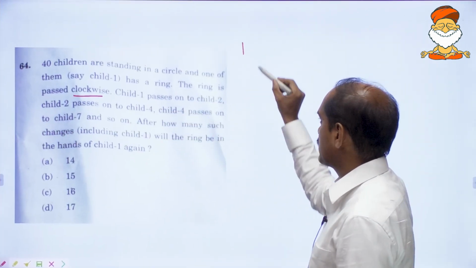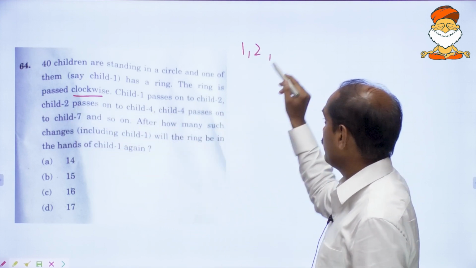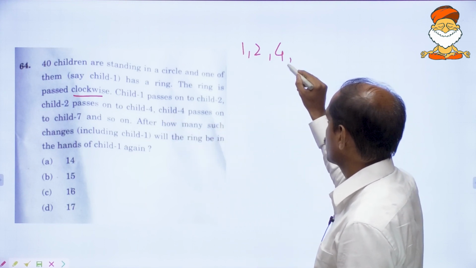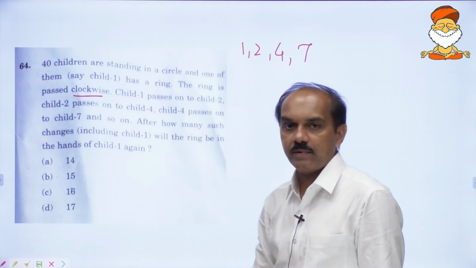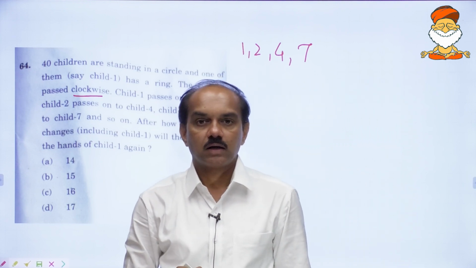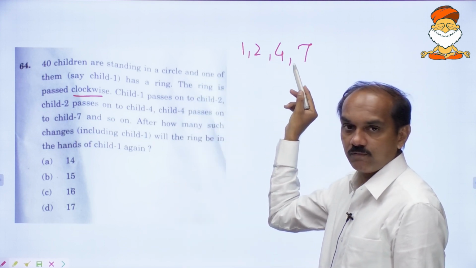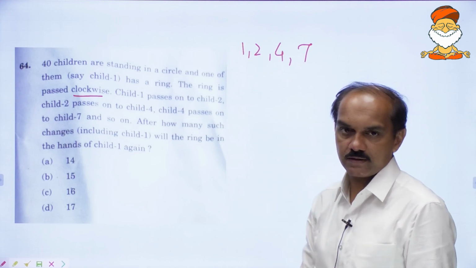Child 1 passes on to child 2. Child 2 passes on to child 4. Child 4 passes to child 7, and so on. Now what is happening here? 1 has become 2, 2 has become 4. Here 1 is the difference, here 2 is the difference, here 3 is the difference.